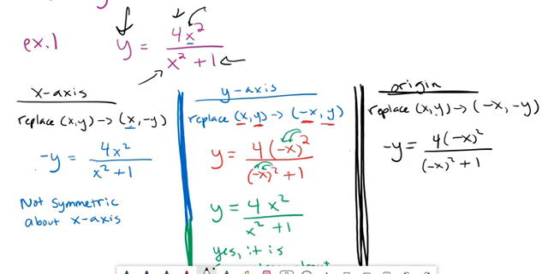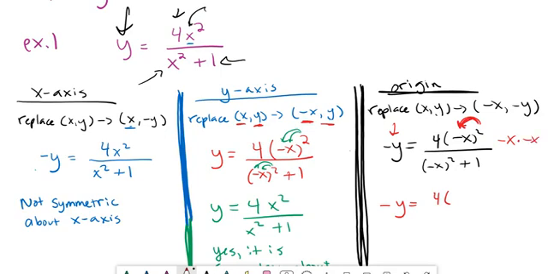Okay, so we've done the replacing part, the first step of our directions. And now we're going to do the simplifying. Negative y, there's not much I can do there. It's going to stay a negative y. And then here, again, the 4 is just a 4. But again, with the negative x squared, that's saying negative x times negative x.